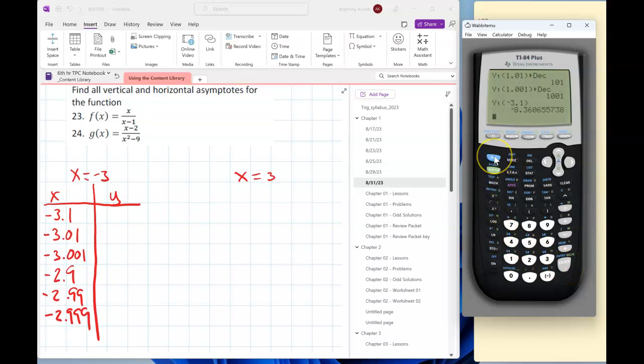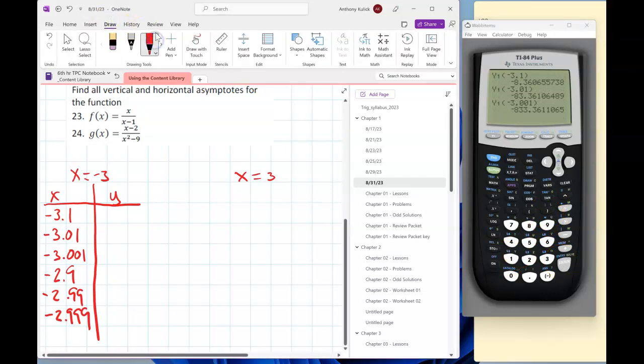Now, rather than jumping through all those menus all over again, I'll just press second and enter, which will recall the last thing that I entered in my calculator, and I can just go back and edit that. And do it again, second and enter, and then edit that. And those are the first three values for my table.